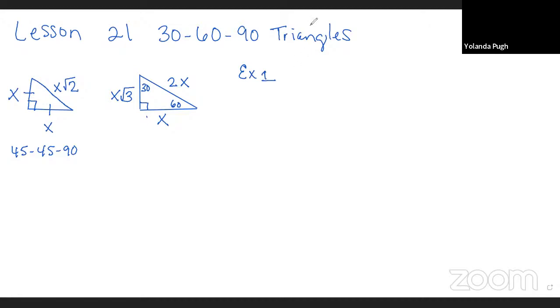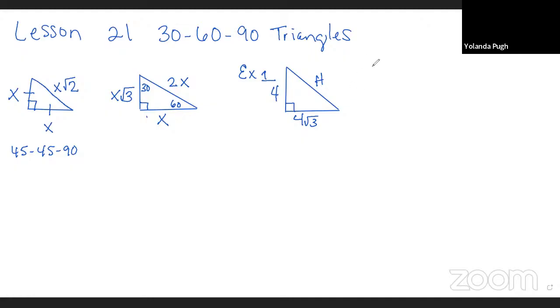In our first example, our first leg is 4, our second leg is 4 the square root of 3, and our hypotenuse is unknown. And we'll just use h for that.